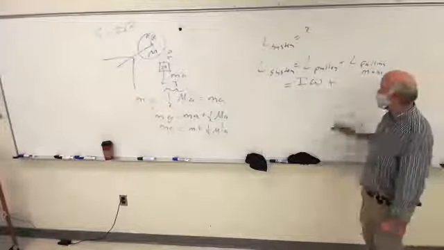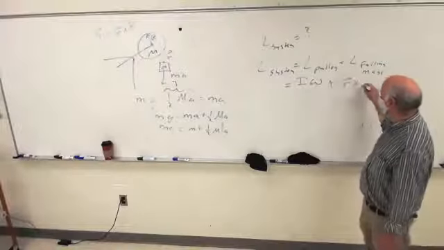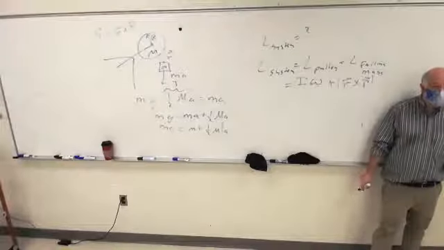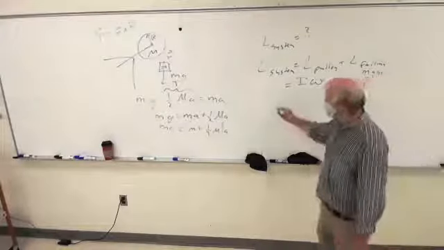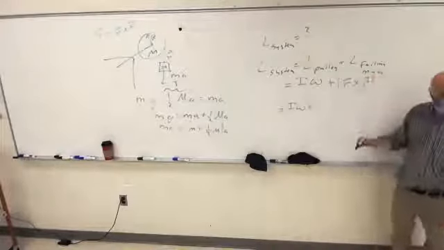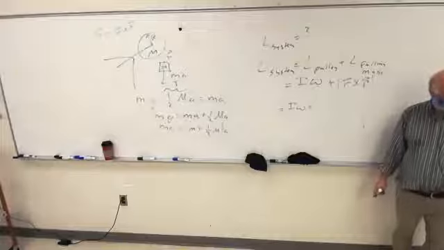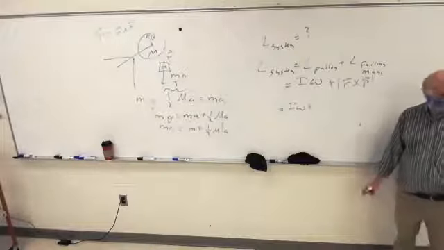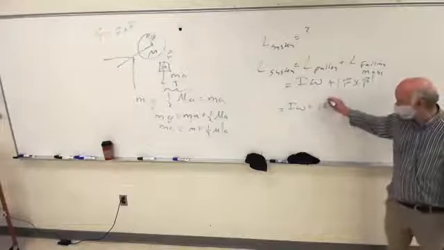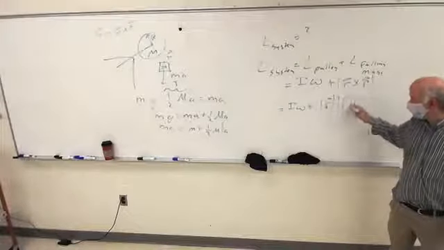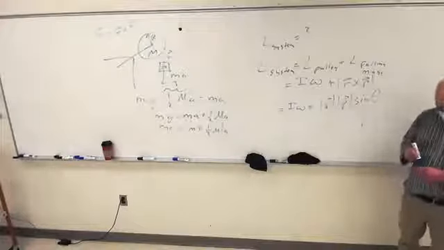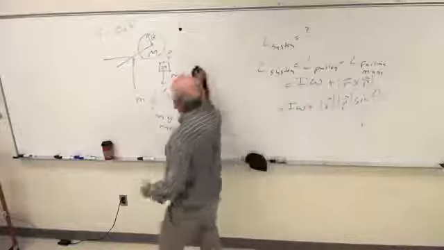This would be R cross P, so the magnitude of R cross P. How do you work out a magnitude of a cross product? You take the magnitude of R, magnitude of P, and the sine of theta.